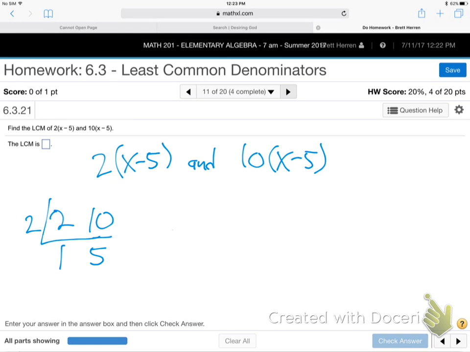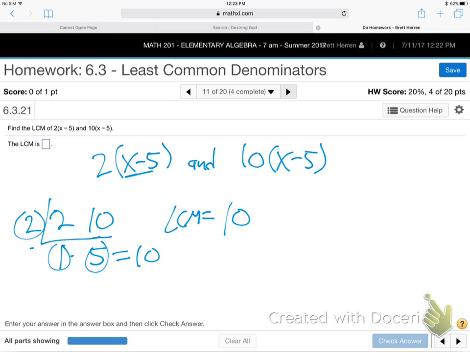Right, with the L box thing. Can I do another layer? Something going into 1 and 5? No, done right there. Multiply these guys together. 2 times 1 is 2, times 5 is 10, sure enough, as we knew. 10 is the container that 2 and 10 both go into. They both go into 20 also, but 10's the lowest container, the lowest number that 2 and 10 both go into. All right, so 10 is the number part of the LCM.